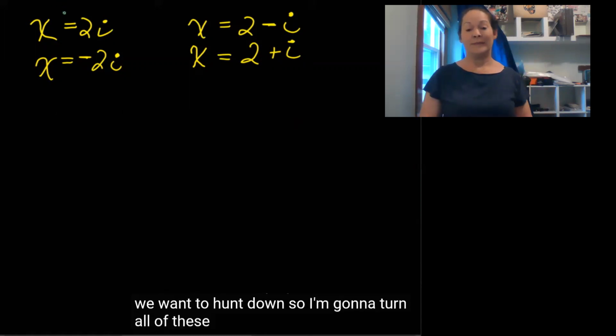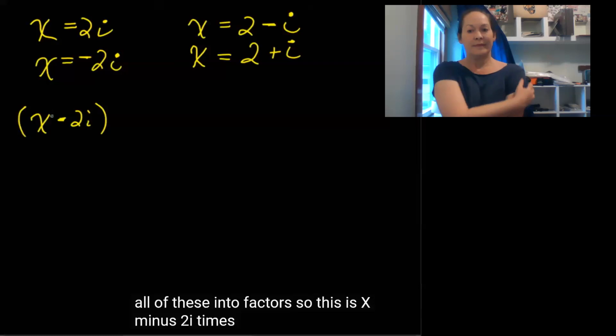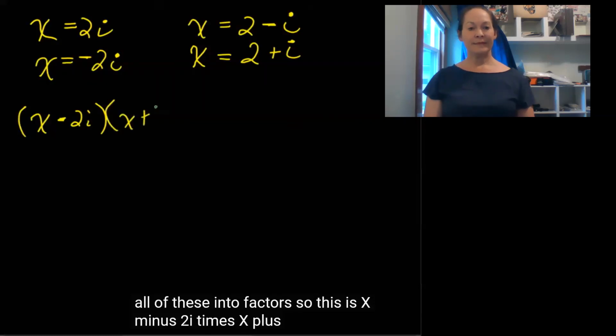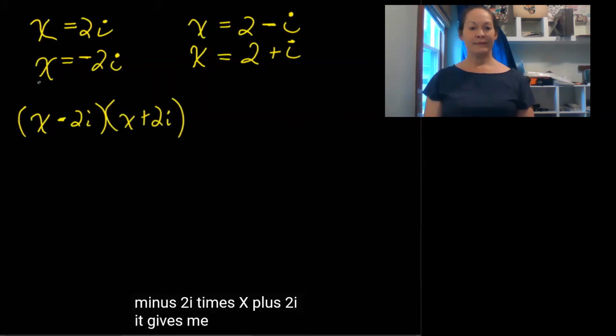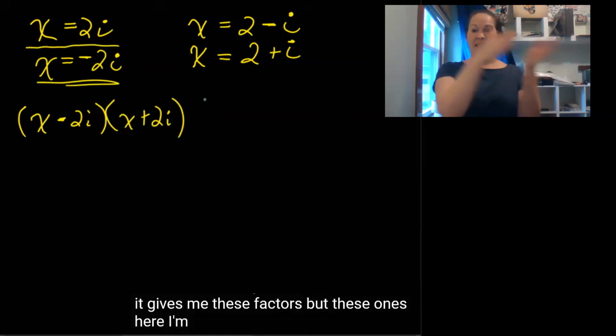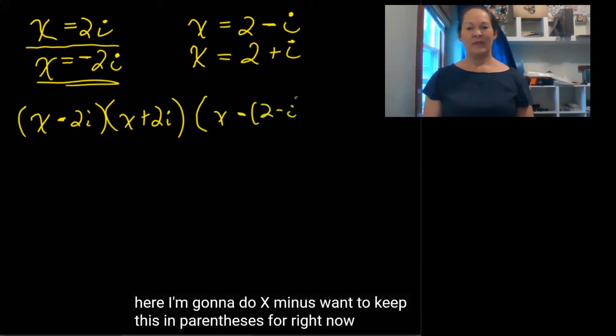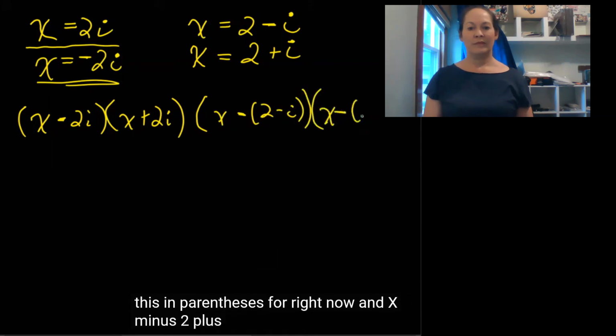So I'm going to turn all of these into factors. So this is x minus 2i times x plus 2i. That gives me these factors. But these ones here, I'm going to do x minus, I'm going to keep this in parentheses for right now, and x minus 2 plus i.